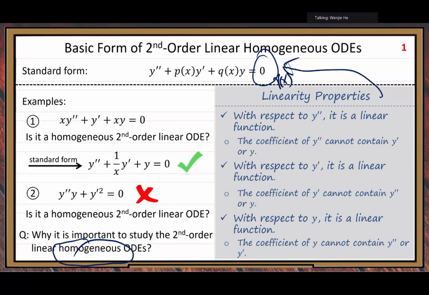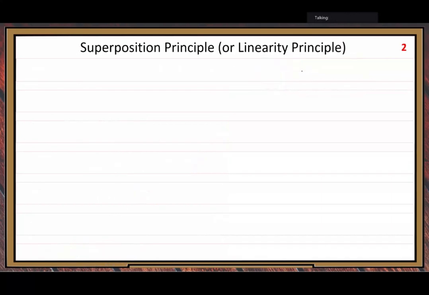So we have 5 minutes. Let's look at that example. Superposition principle or linearity principle. Same meaning, but people may call it in a different way.